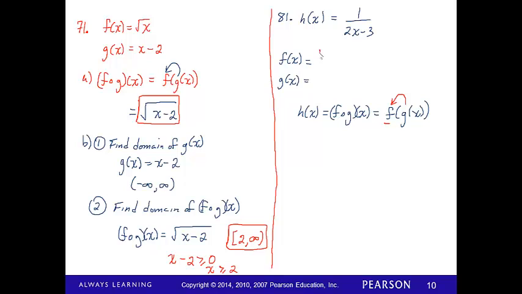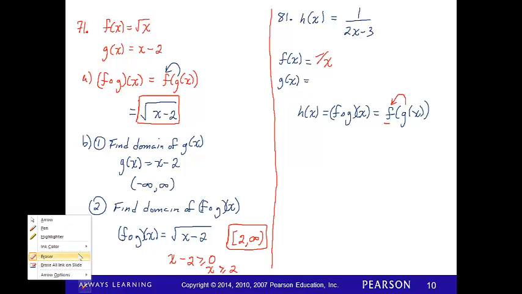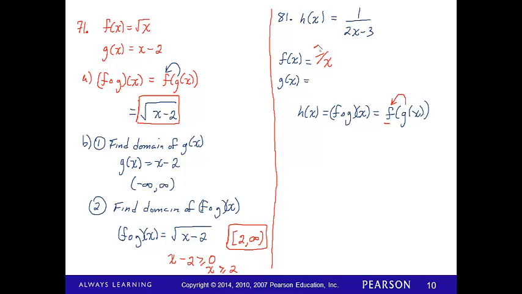So let f of x be 1 over x. It just has to mirror the actual behavior of the composition function. So 1 over x. And then since g goes into f, we need to pick g so that it works out to be 1 over 2x minus 3. So let g be 2x minus 3. And you can verify if you do f∘g, you get this h of x.